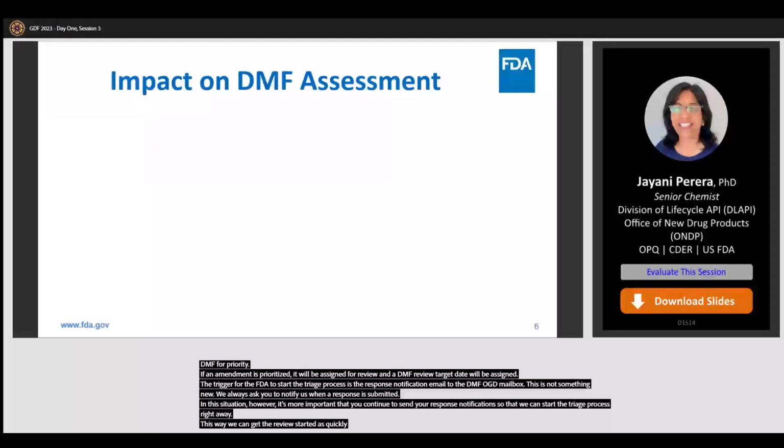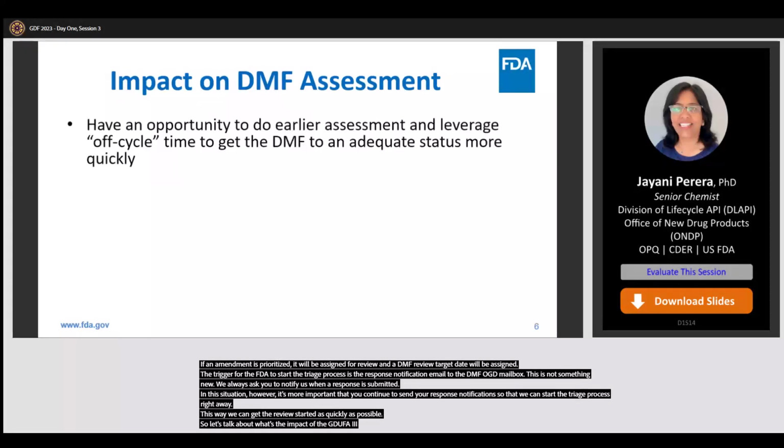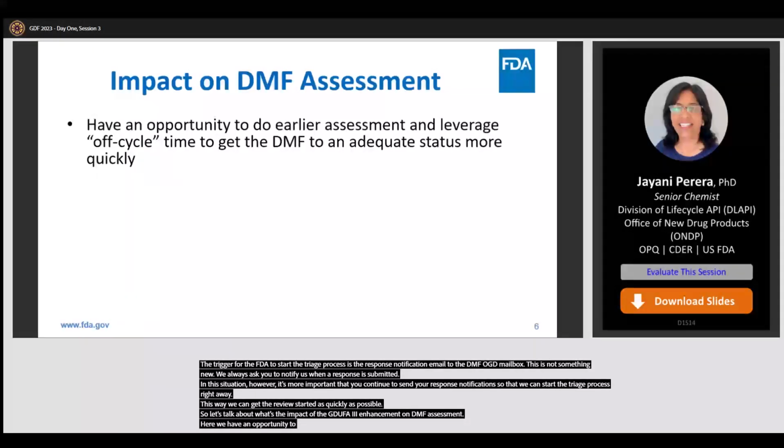So let's talk about what's the impact of this GDUFA III enhancement on DMF assessment. Here we have an opportunity to do earlier assessment to get the DMF to an adequate status more quickly.